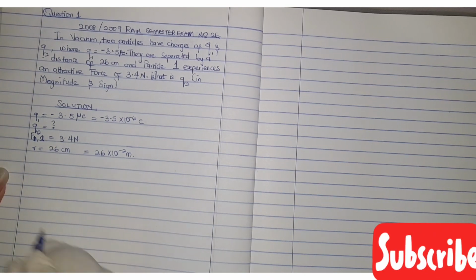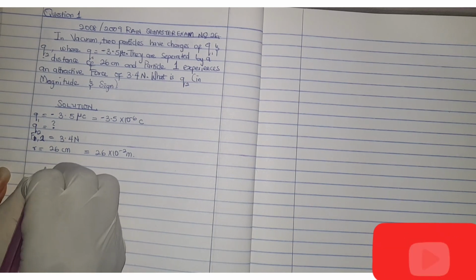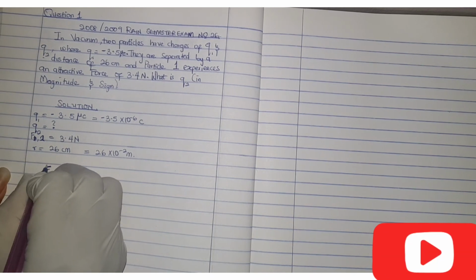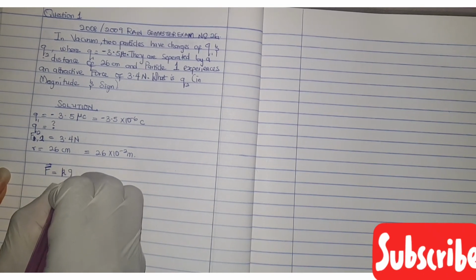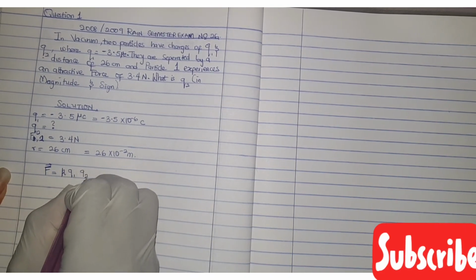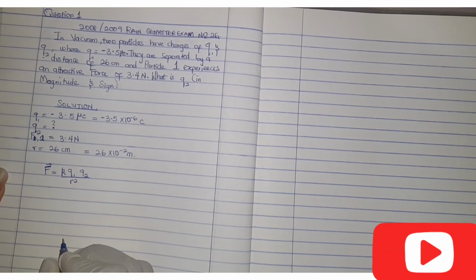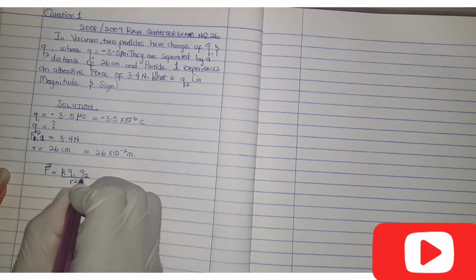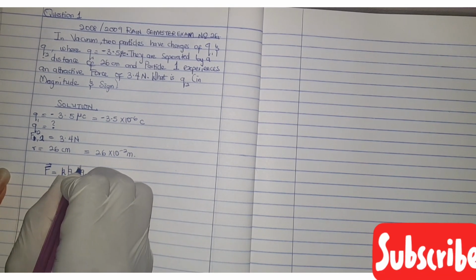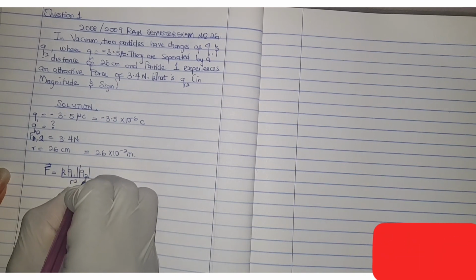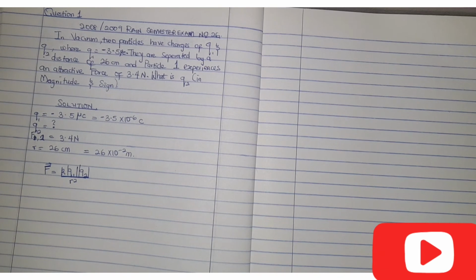Using Coulomb's law, it is known that the force of attraction or repulsion is equal to K times magnitude of Q1 times magnitude of Q2 over R square. Since I am taking the magnitude of Q1 and Q2, this is going to be the formula.